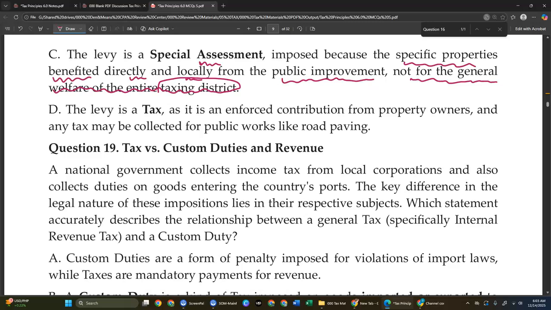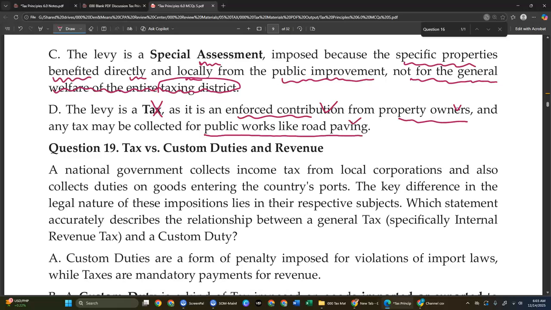Letter D: the levy is a tax. This is wrong because obviously that is not a tax. It is an enforced contribution. Yes, that's qualified. From property, yes, and any tax may be collected for public works like a road. Yes, but that is a special assessment.